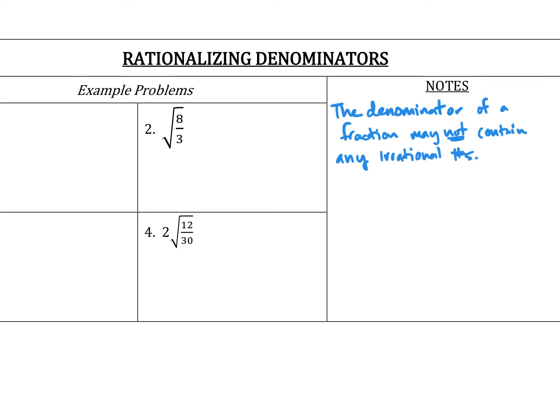So that's the rule that we have to watch out for breaking. We're not allowed to break this rule. And sometimes we end up with an expression that breaks that rule.